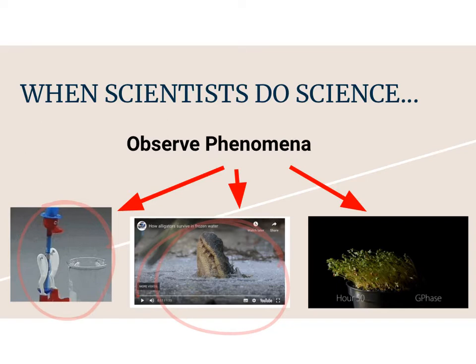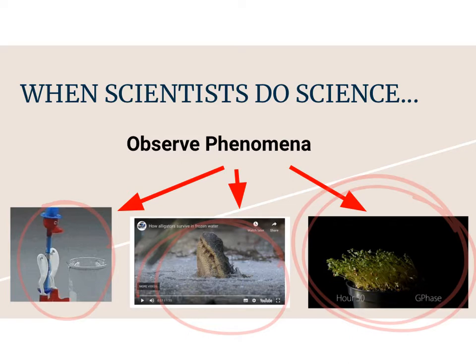So this is a phenomenon. It's something really interesting and fascinating about our universe. Another example of phenomena is plants that grow towards the light. Maybe you've seen that on your own plants. These are all phenomena, things in the universe that scientists observe.